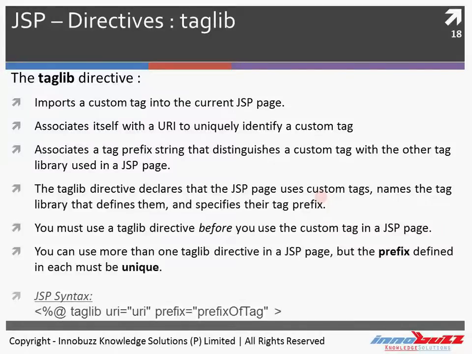It should be a unique name, and this is the syntax which says the taglib directive should be there after the scriptlet start with @, following the URI, which takes the URI of your taglib file. So that is the TLD file. We'll see that in future slides of our training, how this syntax is used with practical demonstration. And there is a prefix. As told, you can give a prefix for your own tag, whatever specific name you want to give, called a custom tag.